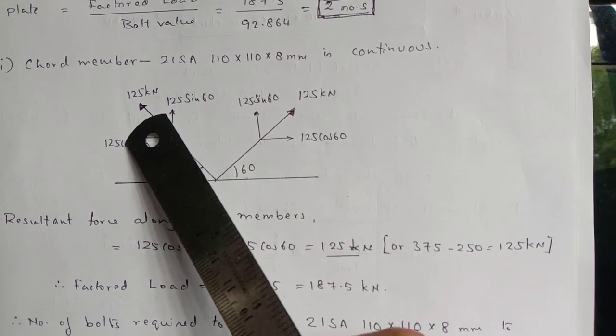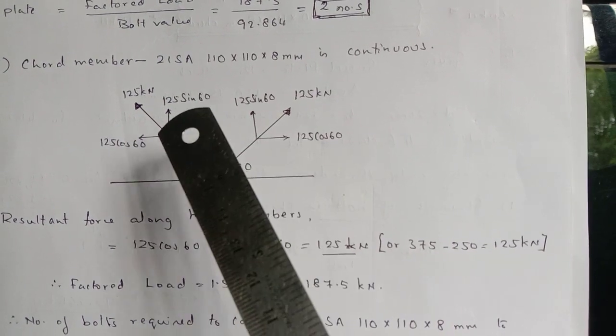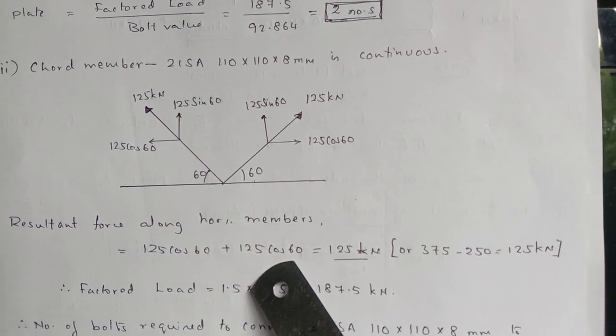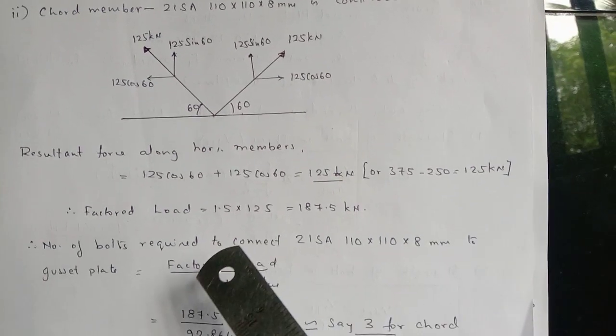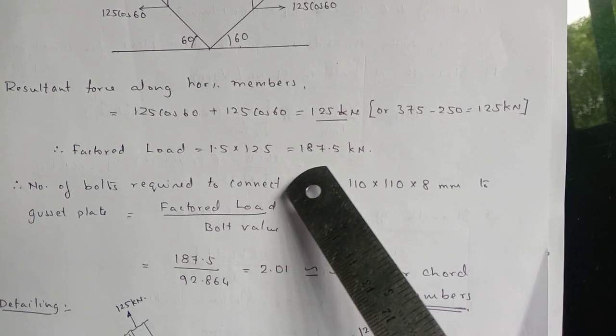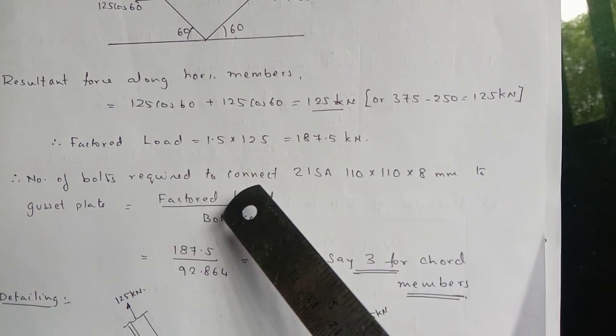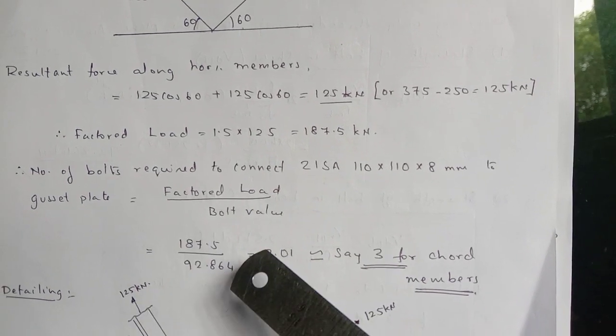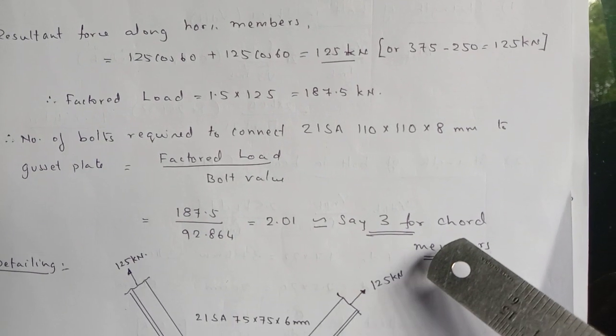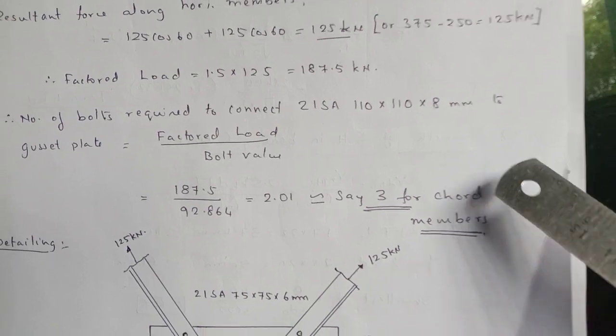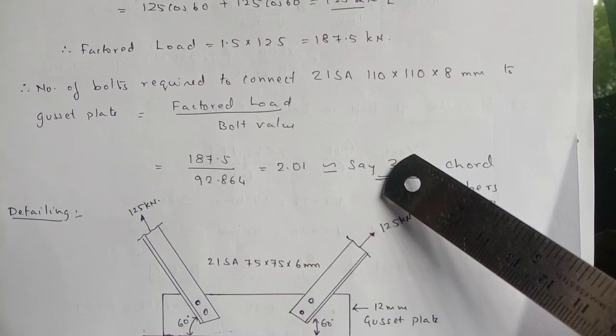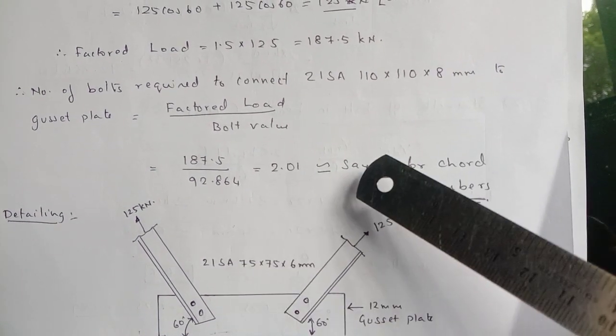Otherwise, you can resolve these two into two components, horizontal and vertical, and you can find out the resultant. That also works out to be 125. Calculate the factored load now, 187.5. Therefore, number of bolts required will be 2.01. So we call it as totally 3 numbers for chord members. So the load is comparatively more, so we will go with the higher number, 3 numbers.